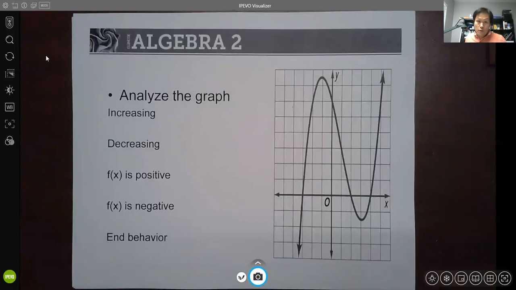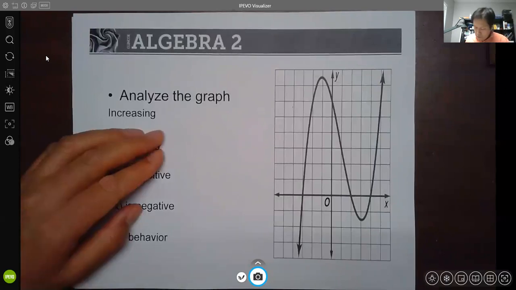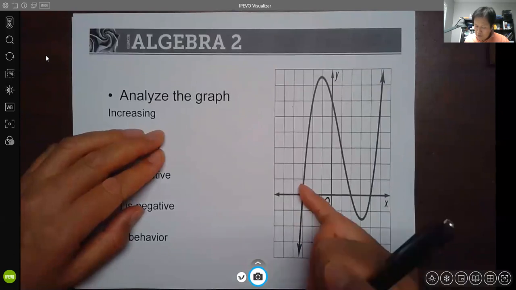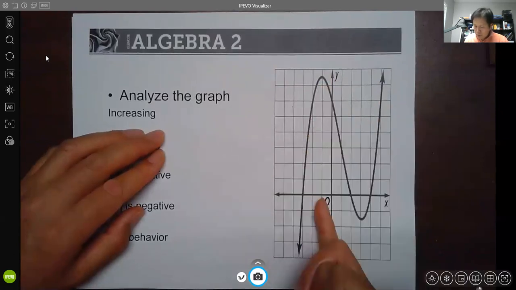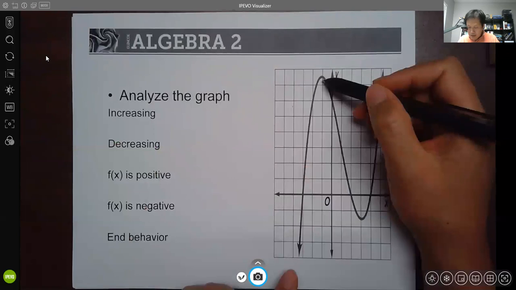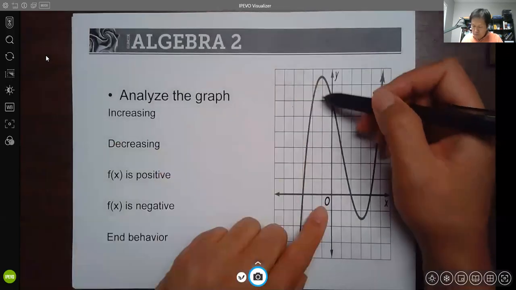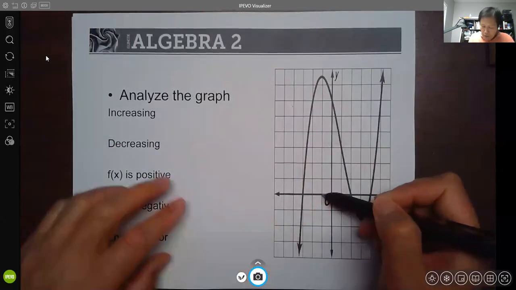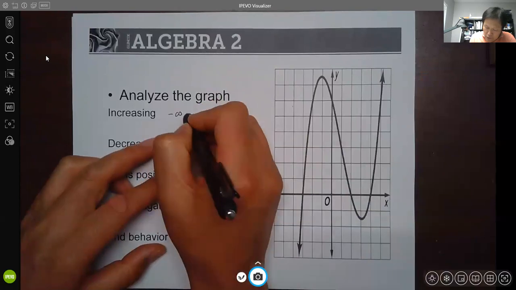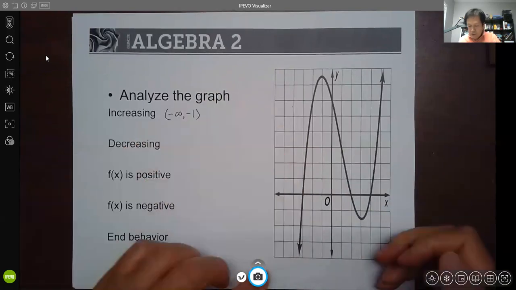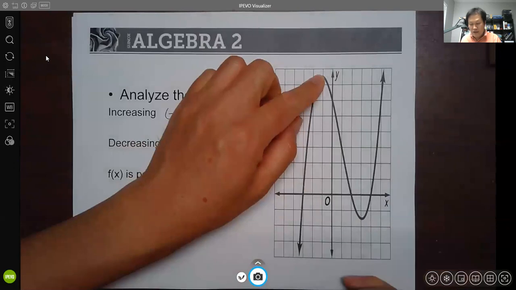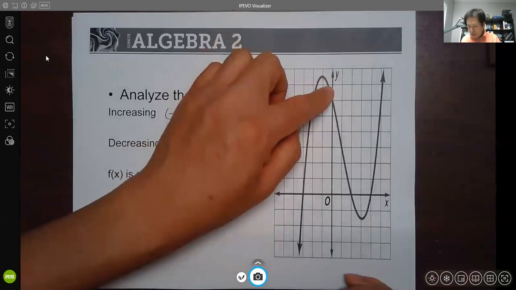Okay, I'm going over. Increasing. Move to the right. Increasing right here. So I will say minus infinity to minus 1 is increasing. Now it starts decreasing from here through here.